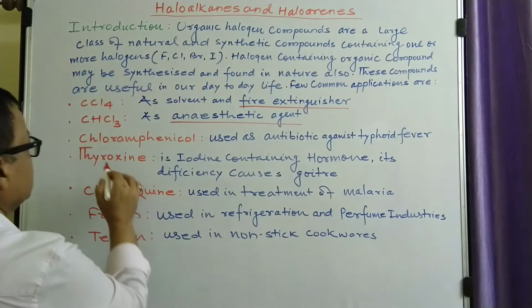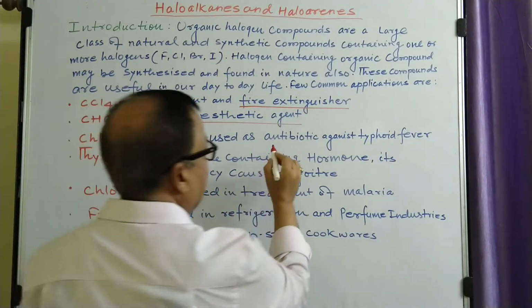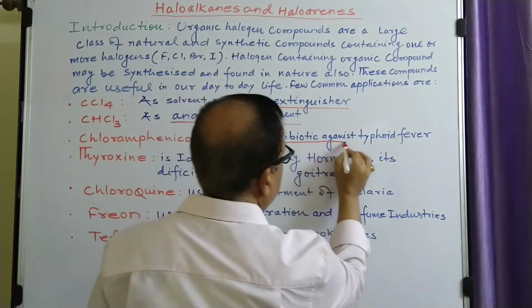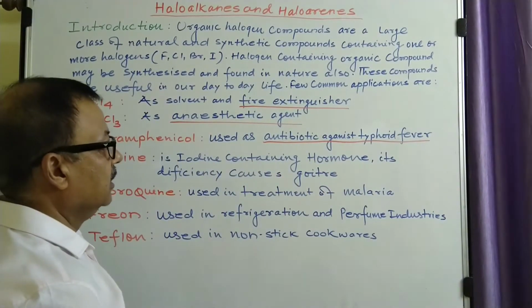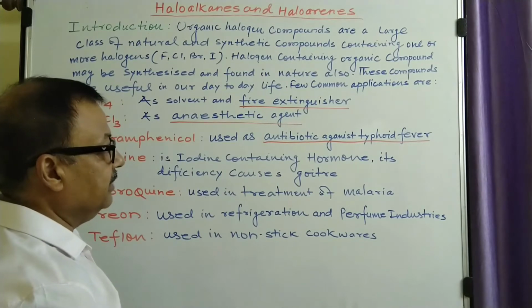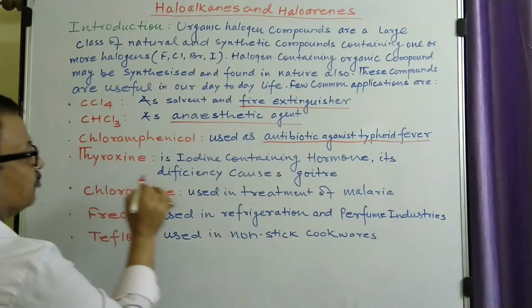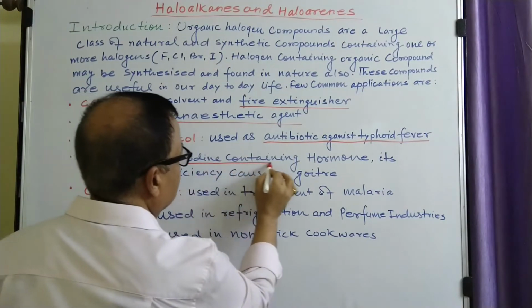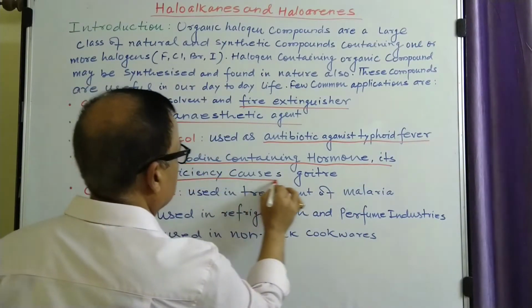The second compound is chloramphenicol, which is used as an antibiotic against typhoid fever. It is a very important antibiotic and very useful for typhoid fever. Thyroxine is an iodine-containing hormone, and its deficiency causes goitre.